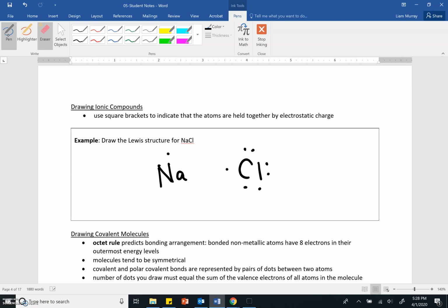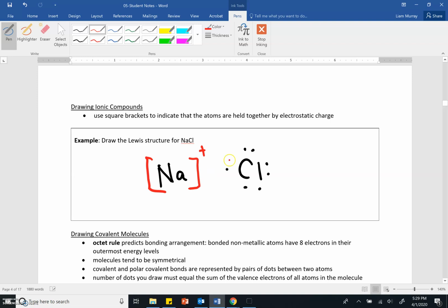Firstly, we have the transfer of this valence electron from sodium over to chlorine to make a stable octet. Since sodium has lost this valence electron, we can show that we have formed an ion, and we show its charge with the positive 1.